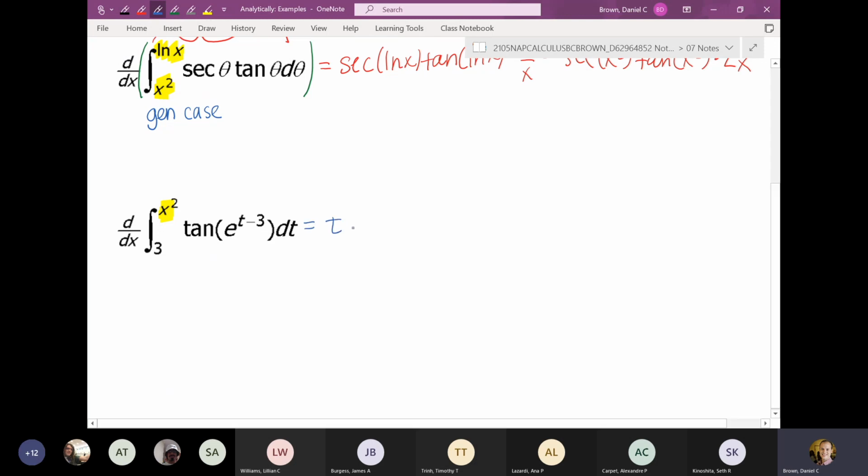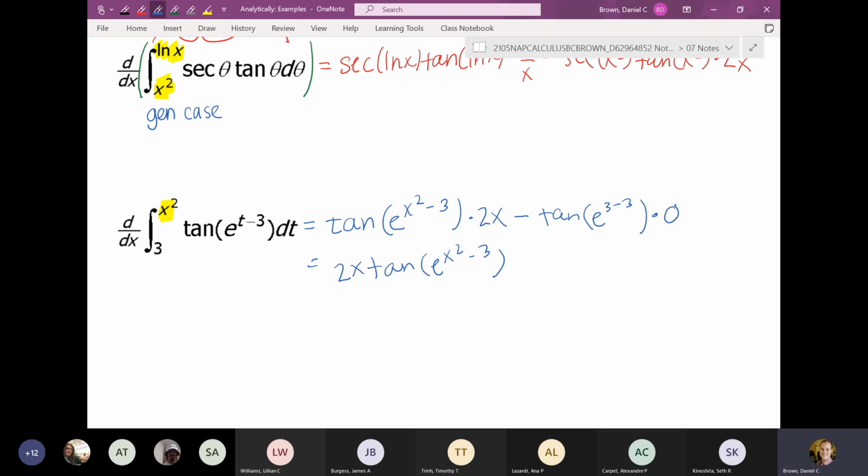So go ahead and plug in the top times the derivative of what you plugged in, so 2x, minus tangent plugging in the bottom times the derivative of what we just plugged in. The derivative of 3 is 0. So the derivative of this integral defined function is really just going to be a single term. Questions on doing the second FTC kind of algebraically?